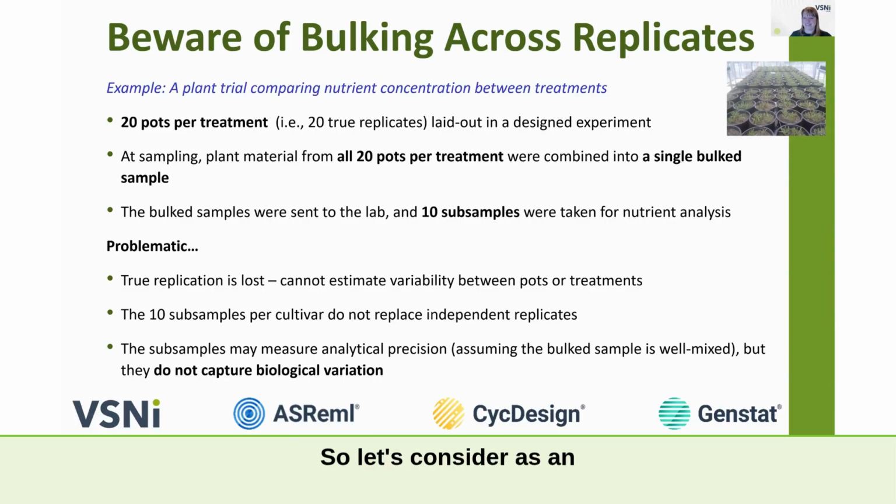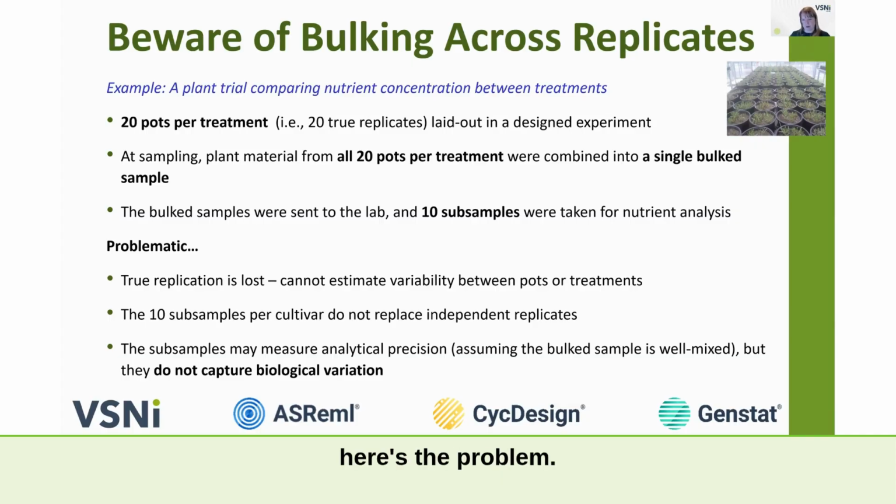Let's consider, as an example, a plant trial with 20 true replicates per treatment, arranged in a nicely designed experiment. However, at sampling, all 20 pots per treatment were combined into a single sample and sent to the lab, where 10 samples were then taken for nutrient analysis.